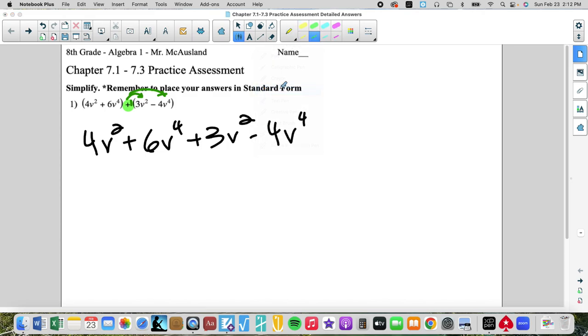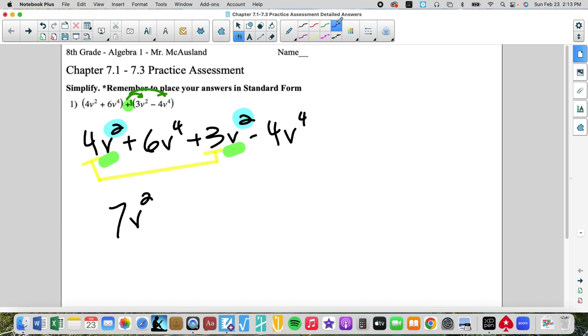Like terms have the same variable to the same exponent. So this is v to the second, this is v to the second. So we will combine their coefficients. So 4 plus 3 is 7v to the second. We're not increasing the exponent, we're just increasing the coefficient.